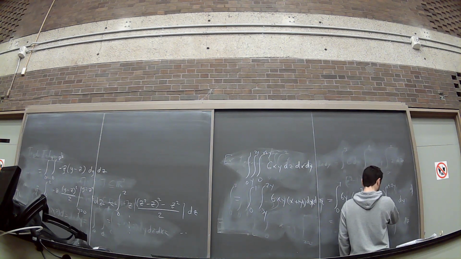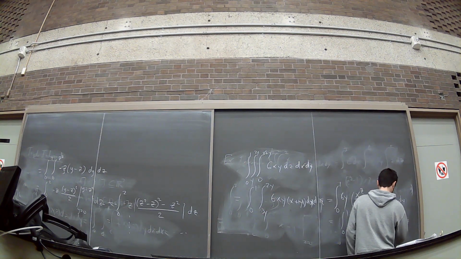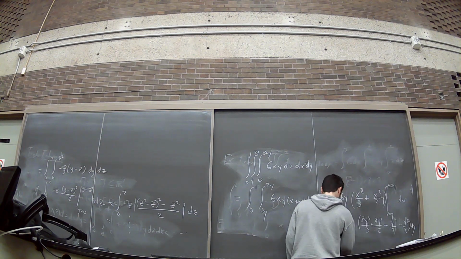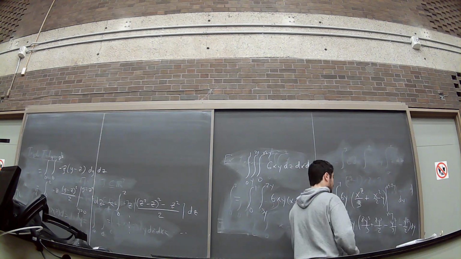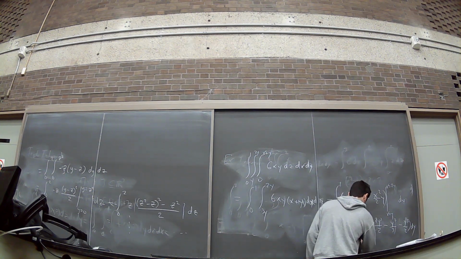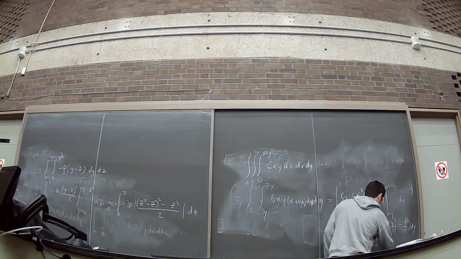Okay, so it's 4y squared times y, so it's 4 times 2y, so it's 8y cubed divided by 2 minus y cubed over 3 minus y cubed over 2 dy. 0 to 1, what do you get? 7y cubed over 3, so 6y times 7y cubed over 3 minus 7y cubed.